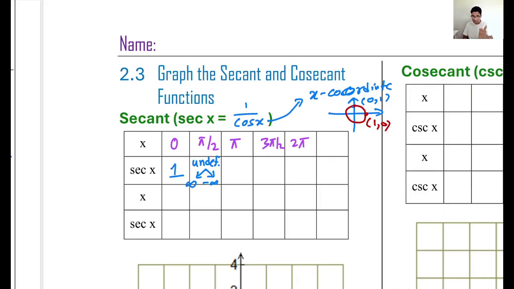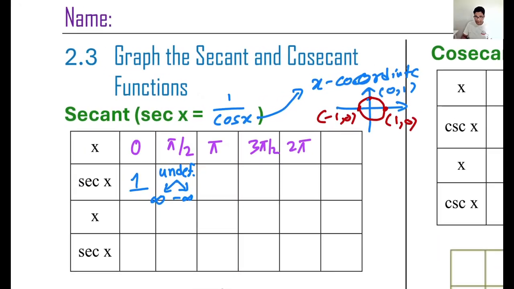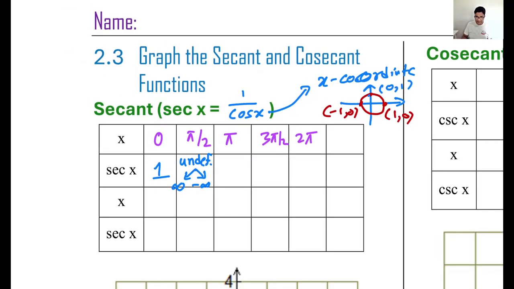Then back to the x-axis again at pi, the negative x-axis. The x coordinate is now -1, right here. So when the x coordinate is -1, cos x is now -1, so its reciprocal also will be -1. And at 3 pi over 2, we are again on the y-axis.